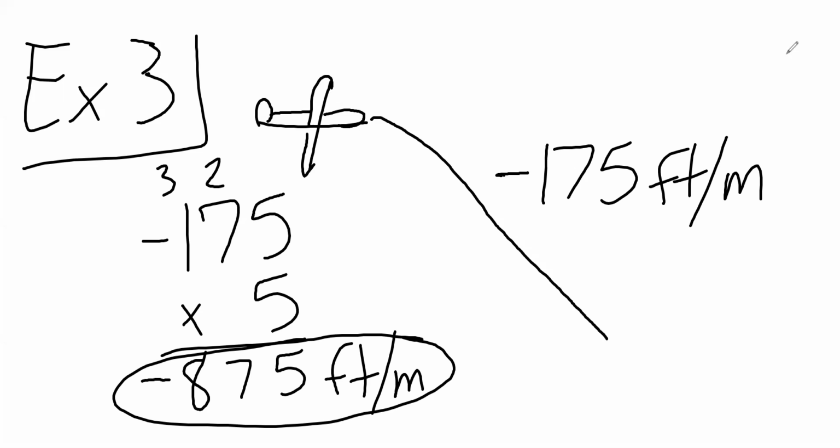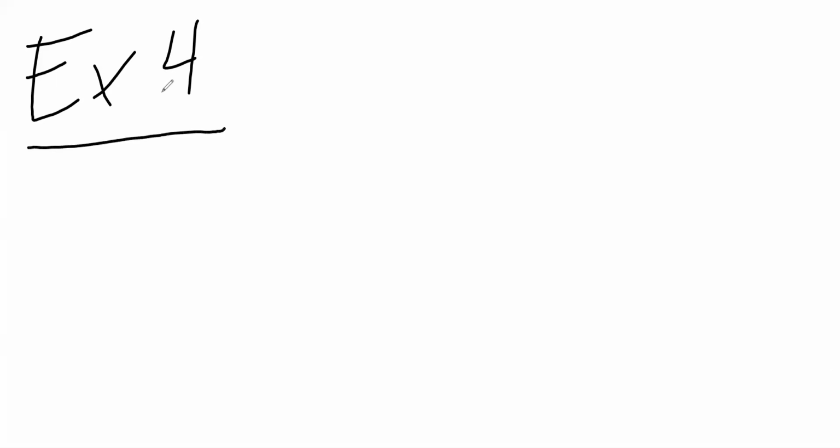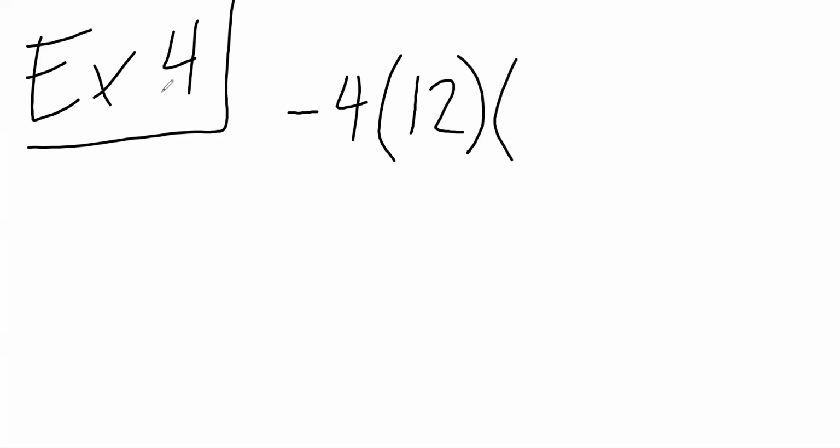Example 4. Now we're getting into more integers, more than just 2 numbers. Example 4, multiplying 2 or more integers. We have -4 times +12 times -5.